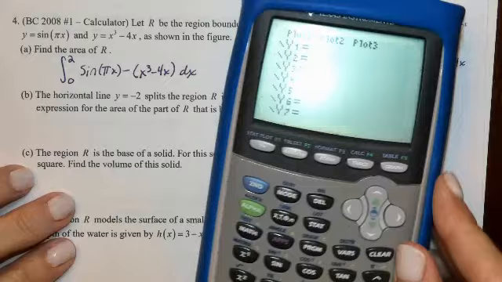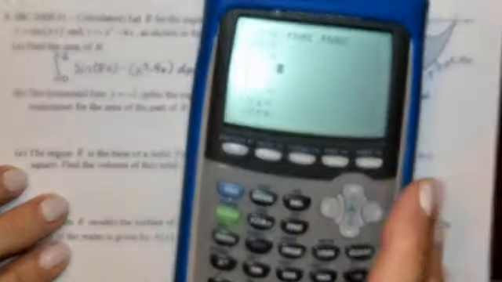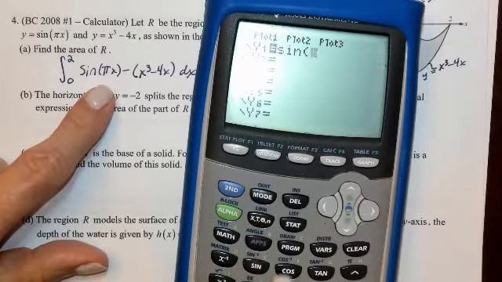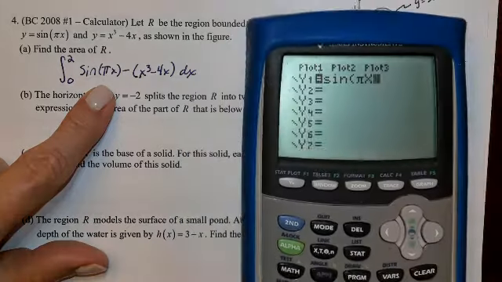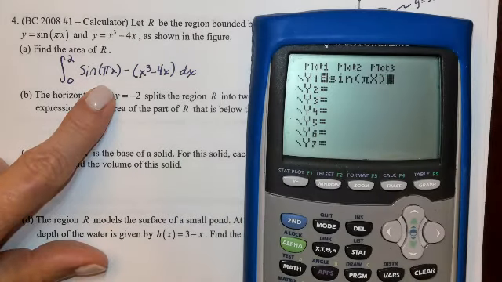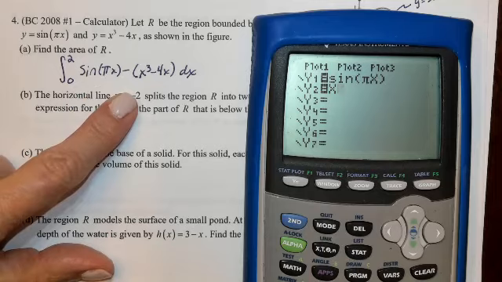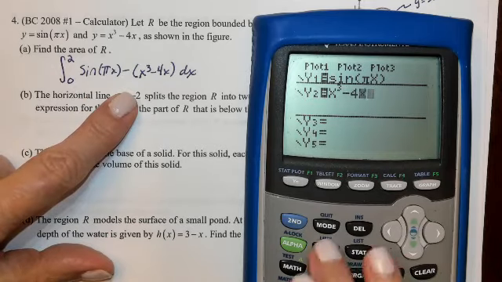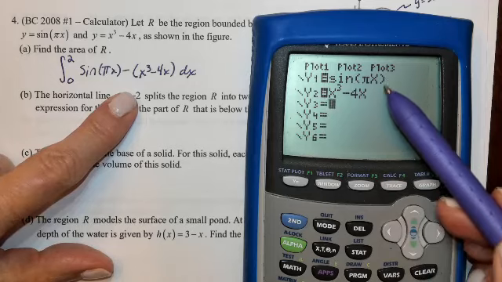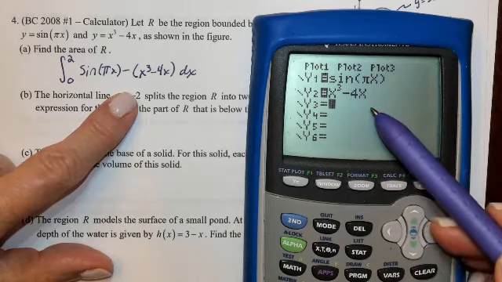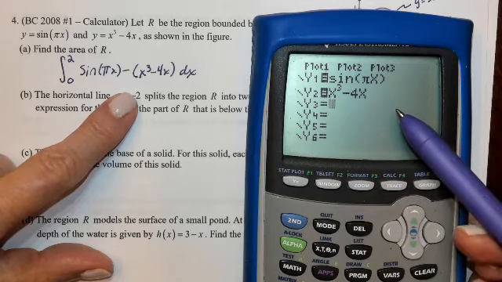Okay, now we have to find that area, so I go to my calculator, and since I'm pretty sure I'm going to be using these two curves over and over again, I'm going to put sine of pi x in for y1, and x cubed minus 4x in for y2, and I take a second and look to make sure that I got those in right, because if not, every one of my answers is going to be wrong.